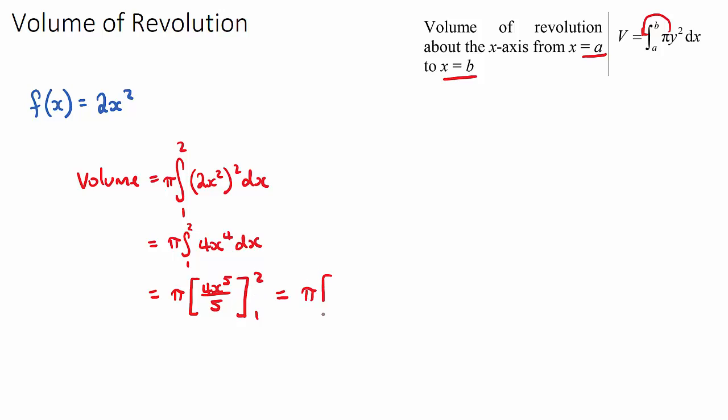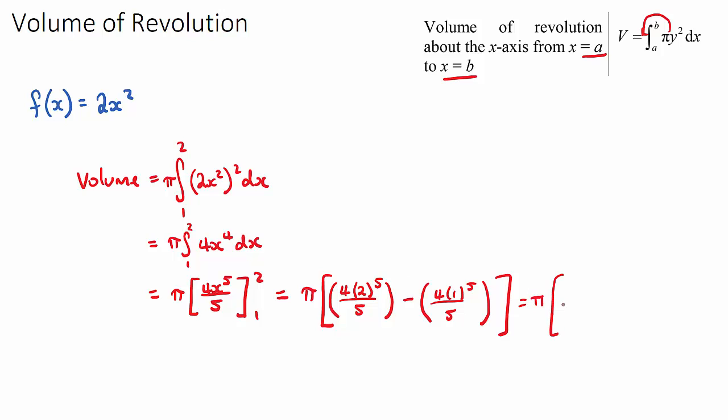We'll have pi. Now, we sub in our 2 first, so it'll be 4 times 2 to the 5 over 5. Subtract 4 times 1 to the 5 over 5. And the pi will multiply by whatever this gives us. Okay, now 4 times 2 to the power of 5 is 32. 32 times 4, this will be 128.